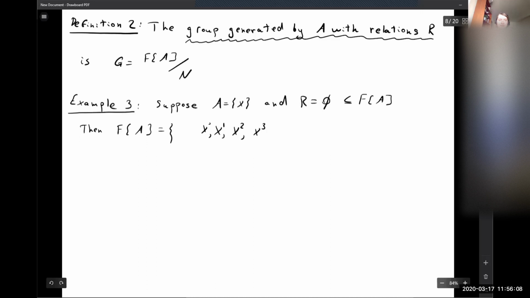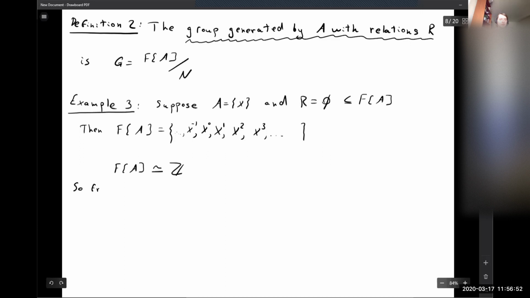And of course, there is X to the 0, which is the identity. And also there is X to the minus 1, etc. Can you suggest what this group can be isomorphic to? Is it just the Z, all integers? Exactly. All the groups generated by one number. Great. So this free group with a single generator is isomorphic to the integers.